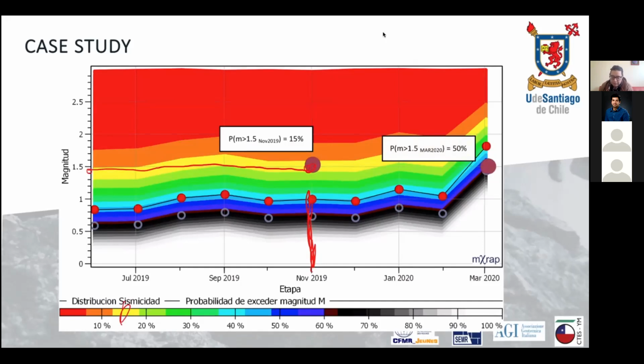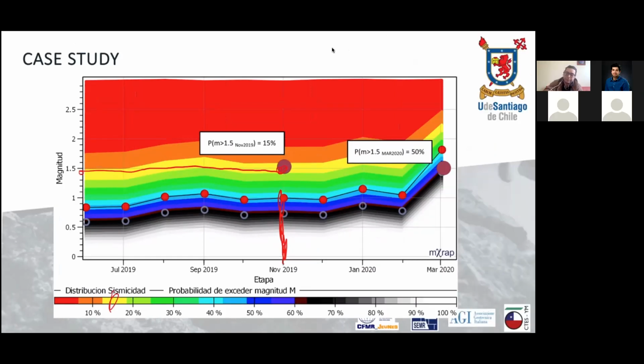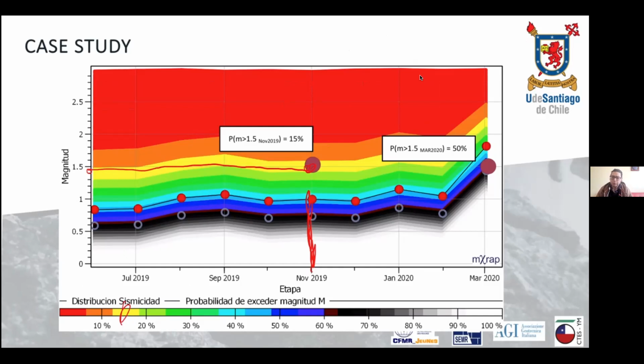However, if you look at March of 2020, there's a higher probability of experiencing that seismic event because of how the model calculated the displacement at that stage, so it's more likely to have it. So this is what this method allows you to calculate.